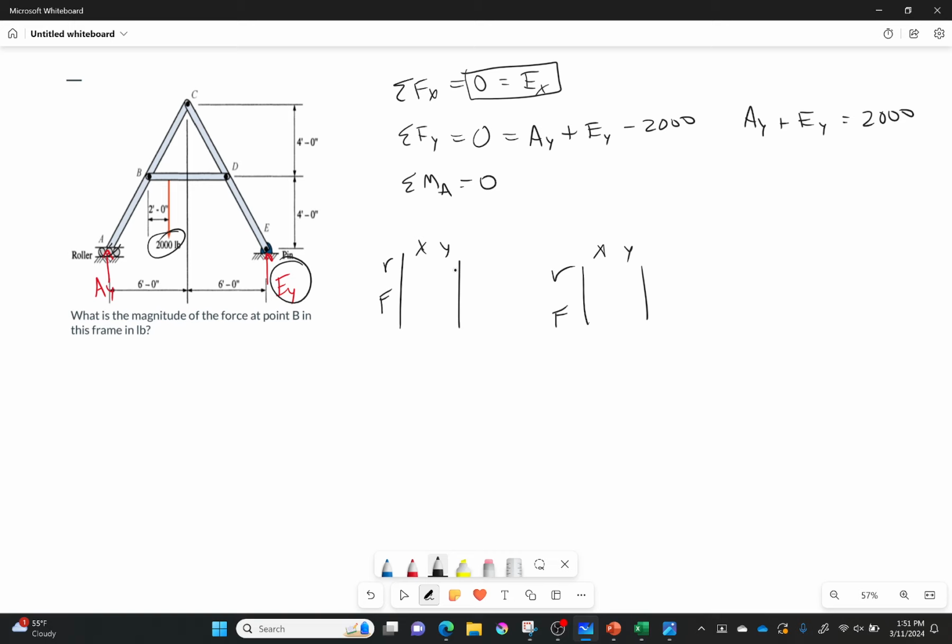Okay, so we're doing that 2,000 pound force first. Its distance in the X direction is, let's see here. We're going to have to do some detective work here. It won't be too bad. What we see is that it goes up 6 over a distance of 8. So if it goes 6 in a distance of 8, how much is it going to go in a distance of 4?